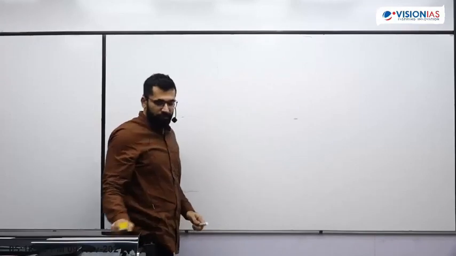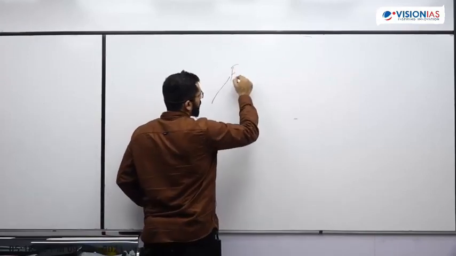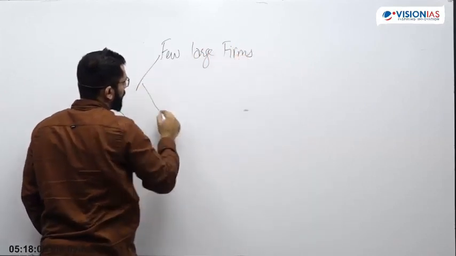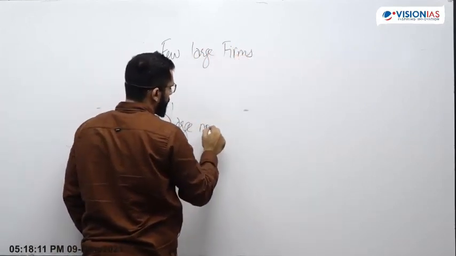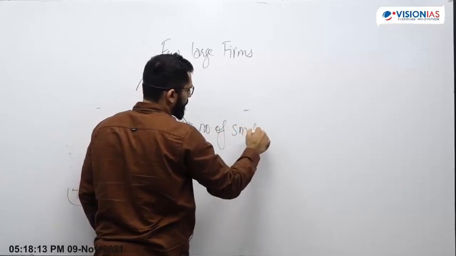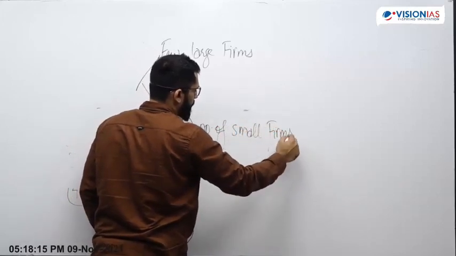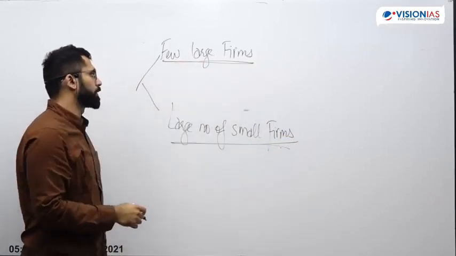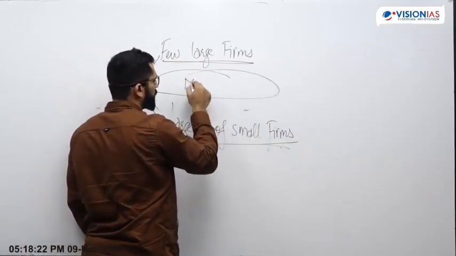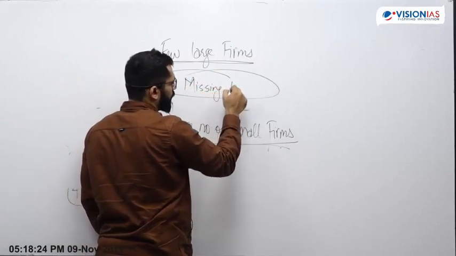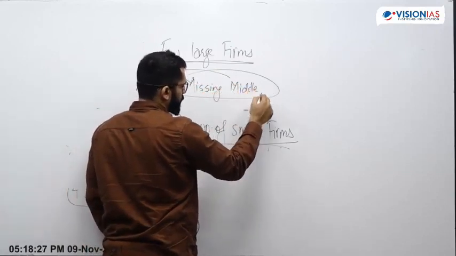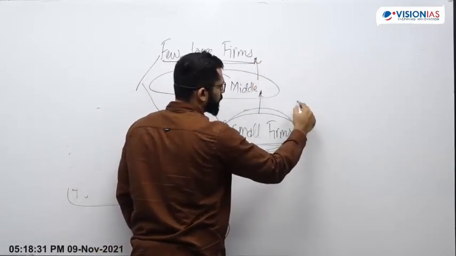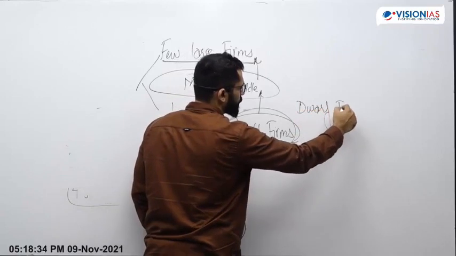So we have very few large firms and a large number of small firms. There is a missing middle. These small firms are not growing, and that is why they are termed as dwarf firms.